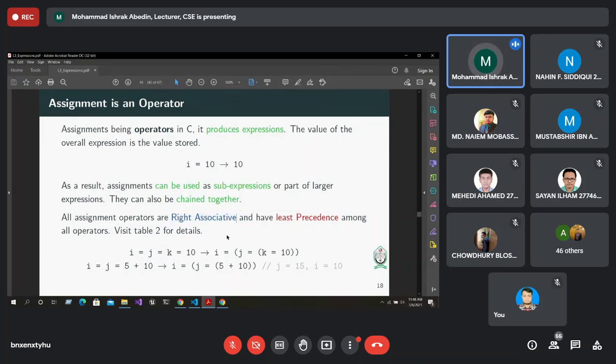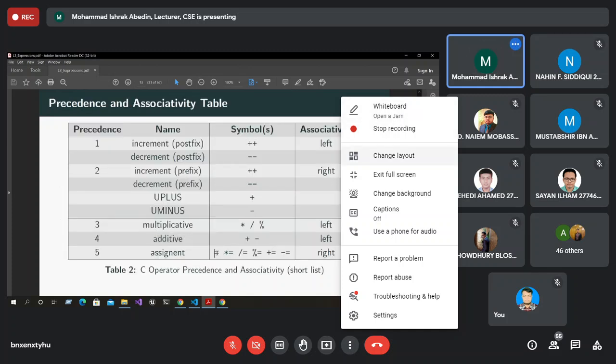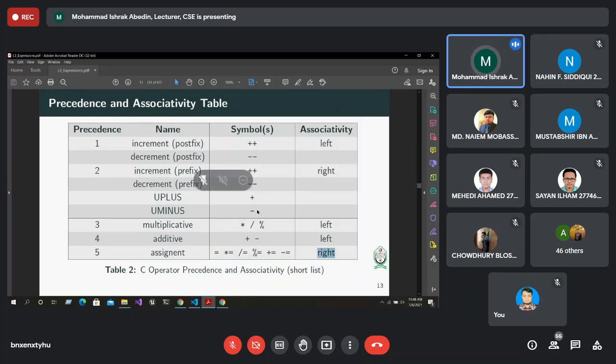Assignment operators are always grouped from right to left, and they have the least precedence among all the operators that we have seen, not just the simplest assignment, but any kind of assignment operator. There are even more. All of these have the least precedence among the things that we have seen so far, and they are right associative.